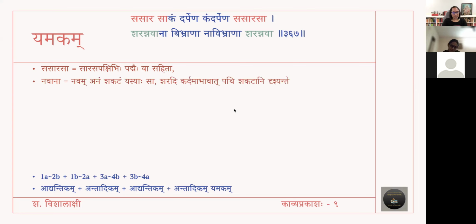Next, Navana, the third pada, second word here, Sharat, Navana. Carts are seen everywhere. Sharatkala is also associated with the roads becoming clear. There is no pankam, no Kardamam, so it is very easy for the carts to move around.